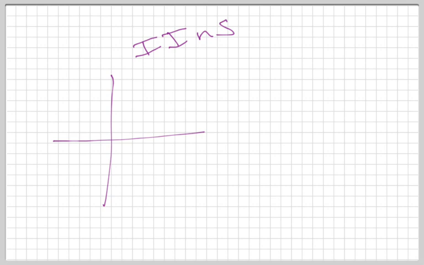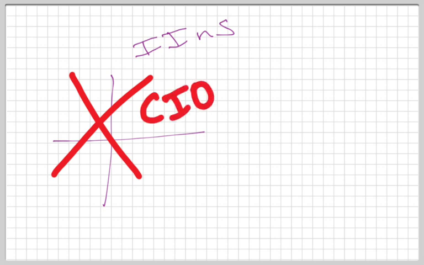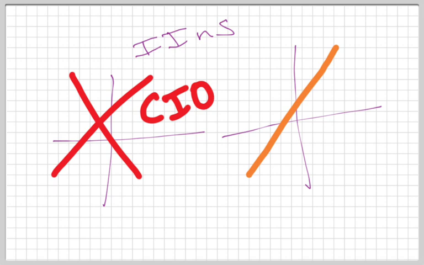Okay, if you see a system that looks like that, what kind of system do you have? CIO. If you have a system that looks like so, what kind of system is that? CDM.